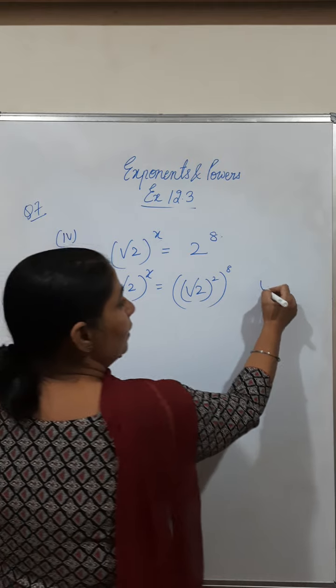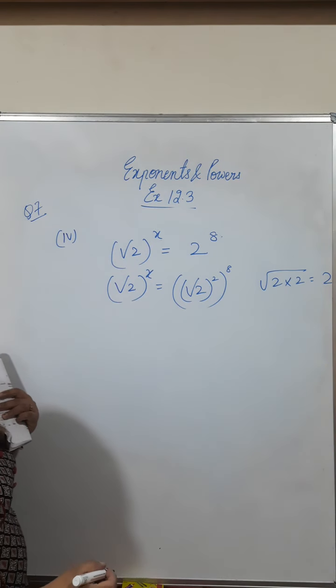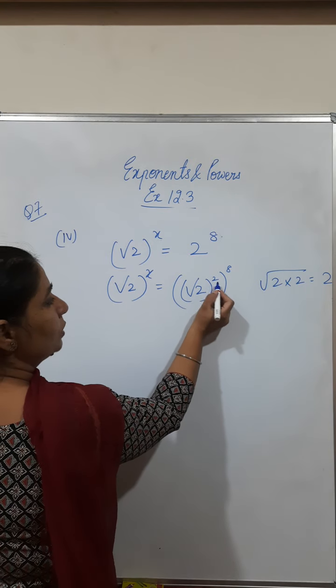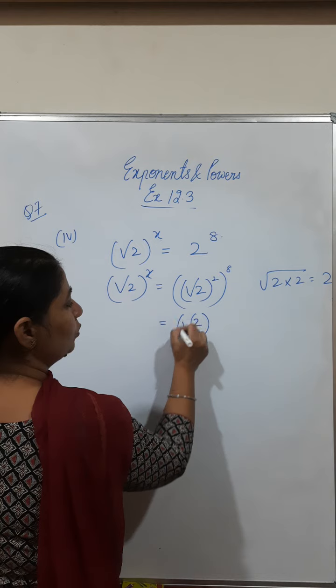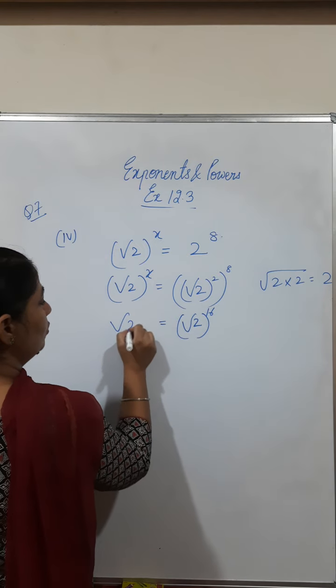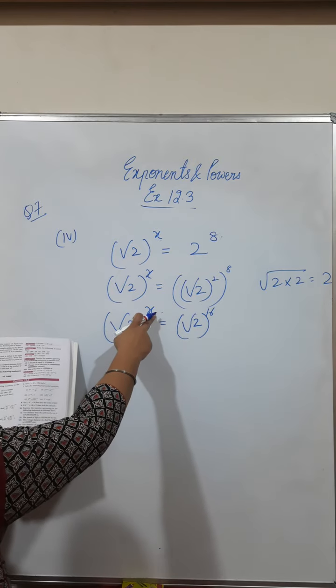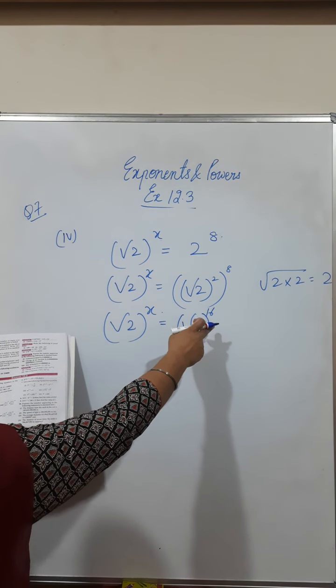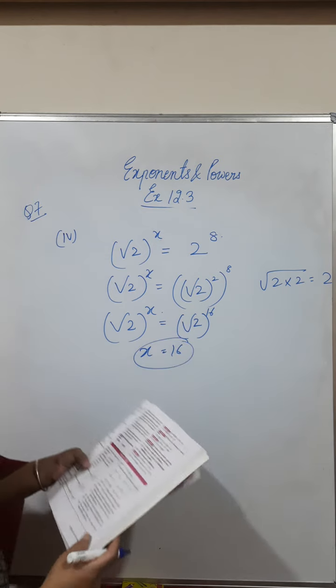Why? Because when you multiply 2 into 2, then only you can take out one 2 outside the root sign. So this is under root 2 the square. Now there are two powers of under root 2, so this becomes under root 2 raised power 16, and under root 2 raised power x. So as you can see, the power of this is x, the power of this is 16. So therefore what is x equal to? x is equal to 16.